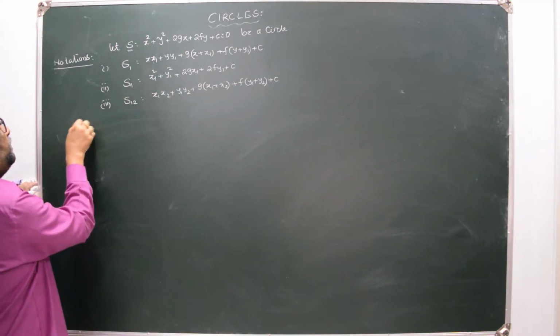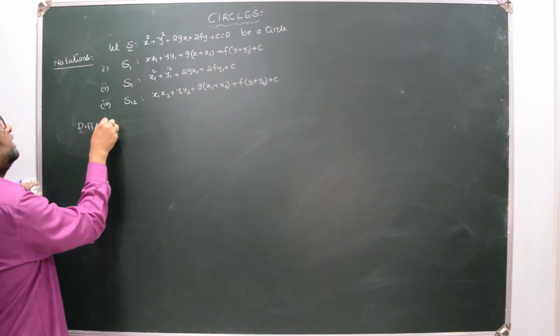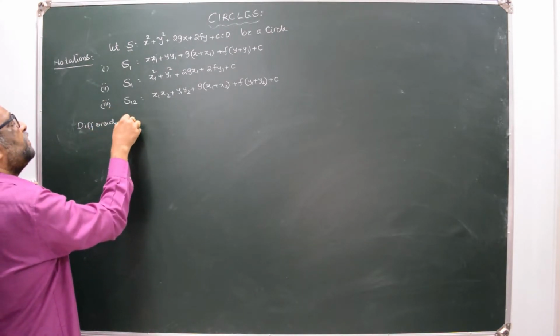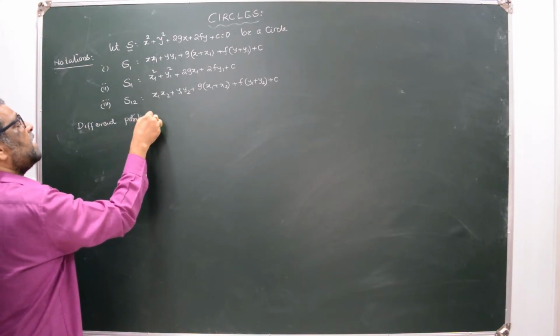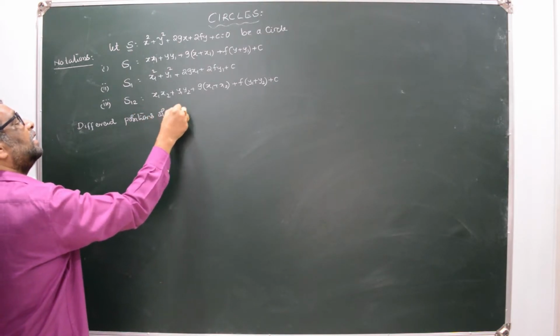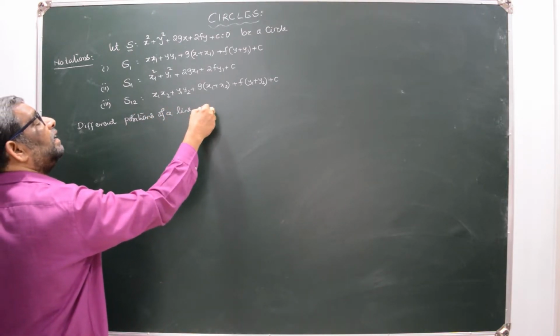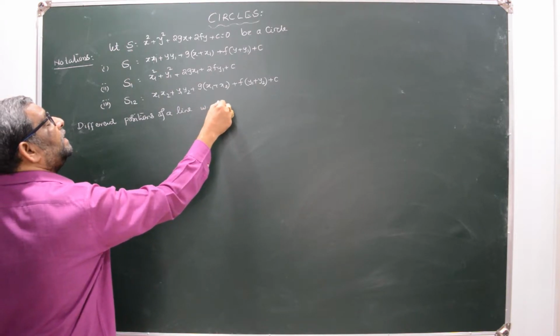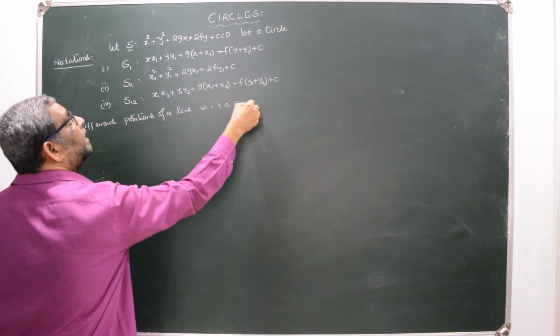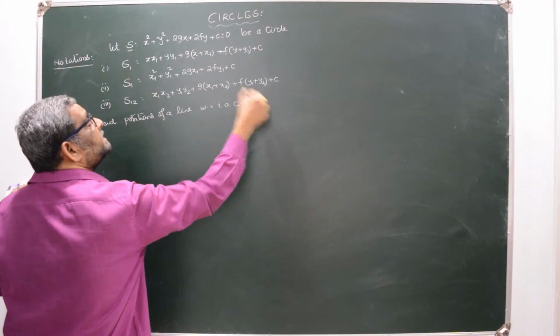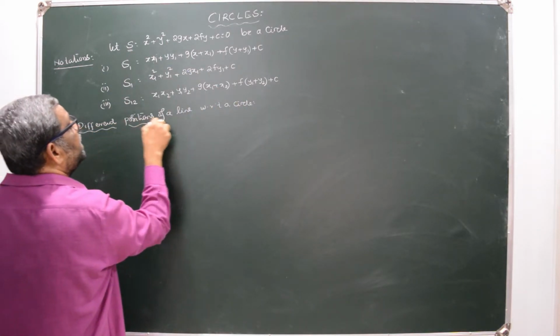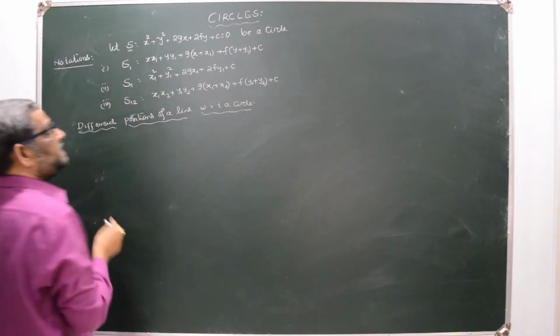Different positions of a line with respect to a circle.